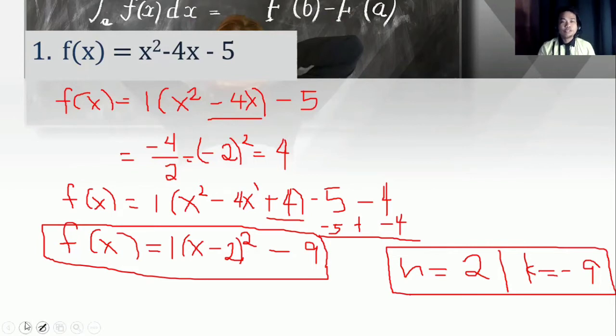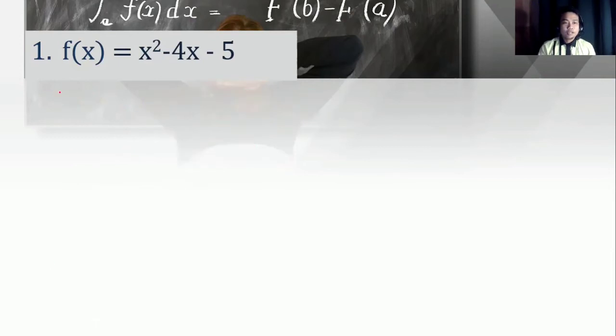Okay. Proceed naman tayo sa formula. Okay, the first thing you do, if we have to determine the h and k, is to determine the values of a, b, and c from the given quadratic function. So a is 1, b is negative 4, and c is negative 5.